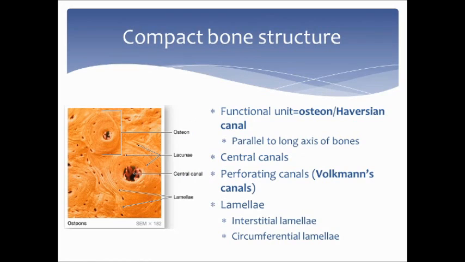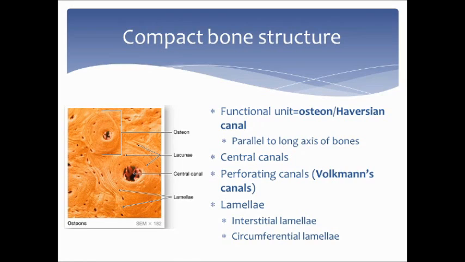The functional unit of bone is the osteon, also known as a Haversian system. So the osteon is this whole concentric ring. They run parallel to the long axis of bone, which is really important in giving the bone its compressive strength.